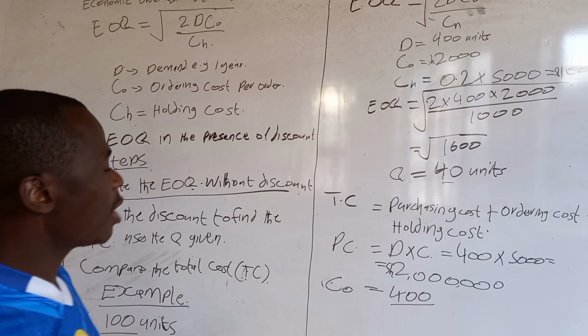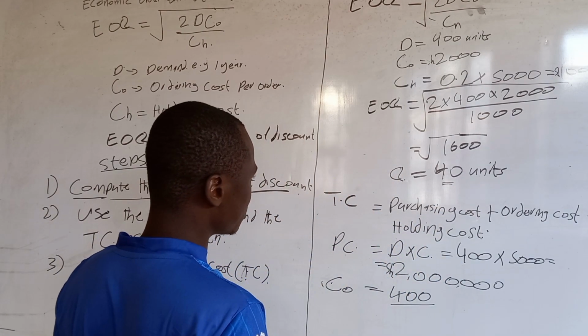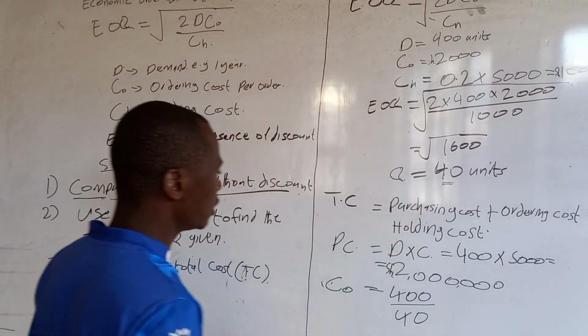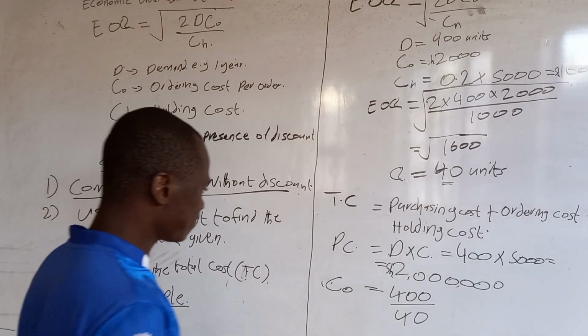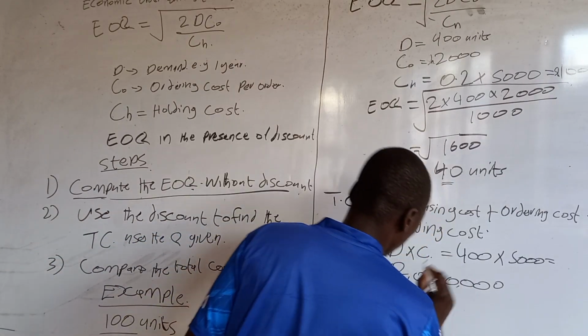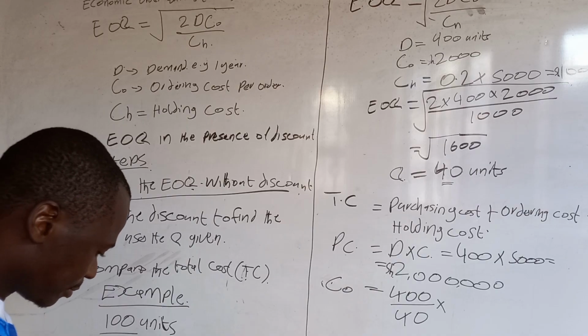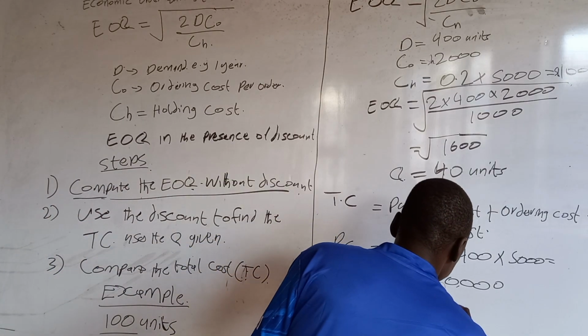Our total units per order is this 40 units, so it is over 40, times the cost per order. Cost per order is 2,000.